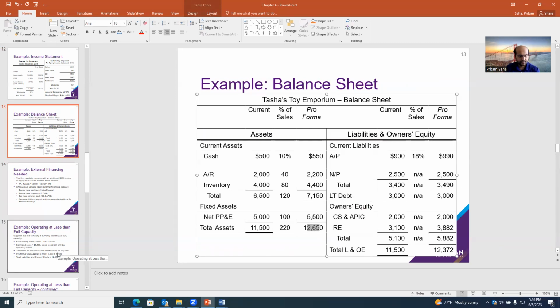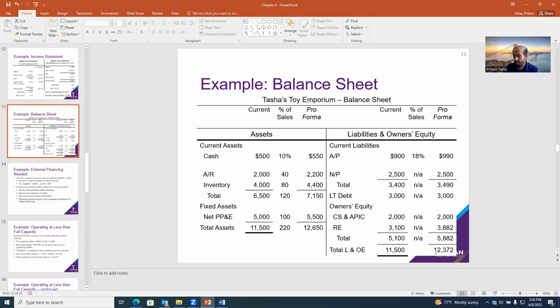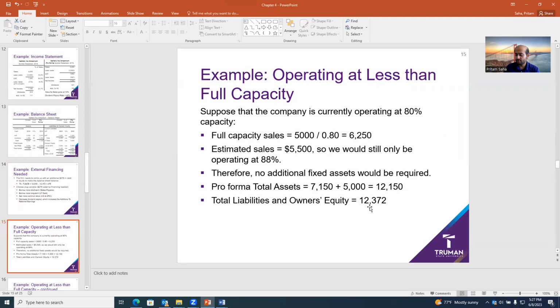If this is true, this value will be lower, right? 12,150. Right now, we have liabilities and equities of 12,372, so more liabilities and equities than needed. If you deduct 12,150 from 12,372, we have an additional $222 worth of financing than needed.